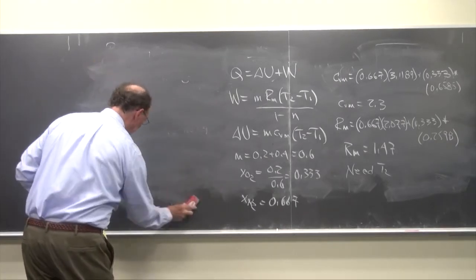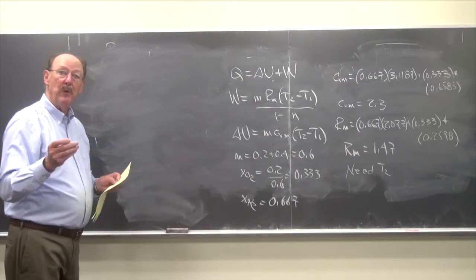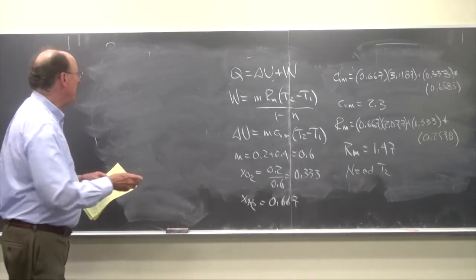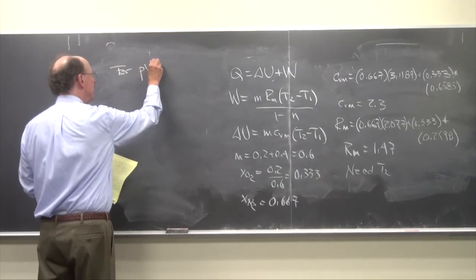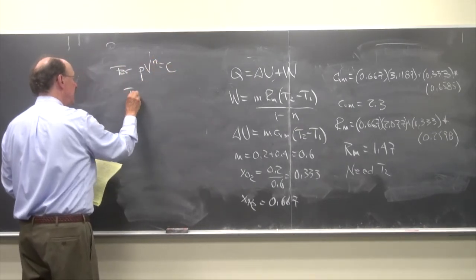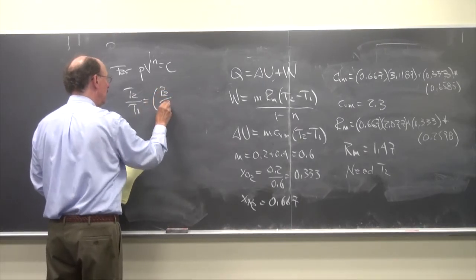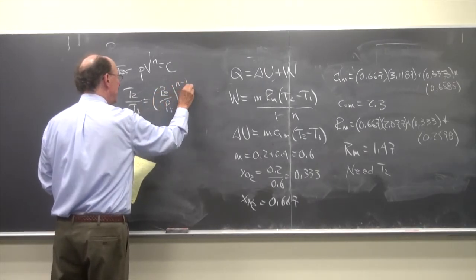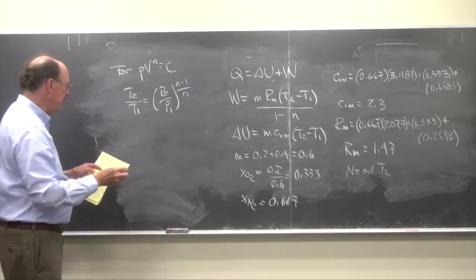We know that for a polytropic process, where PV to the n is equal to a constant, T2 over T1 is P2 over P1 to the n minus 1 over n. We know all the values except for T2.